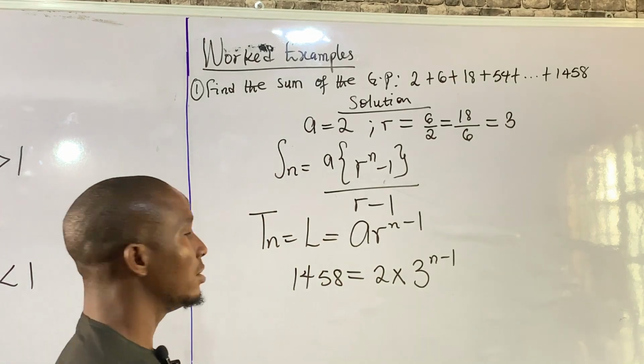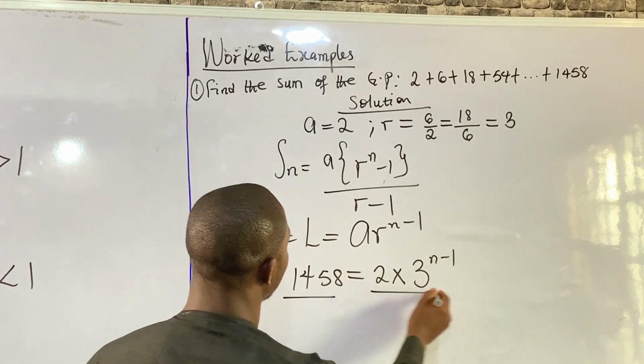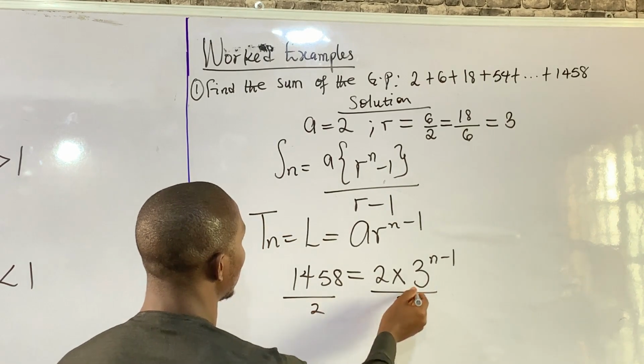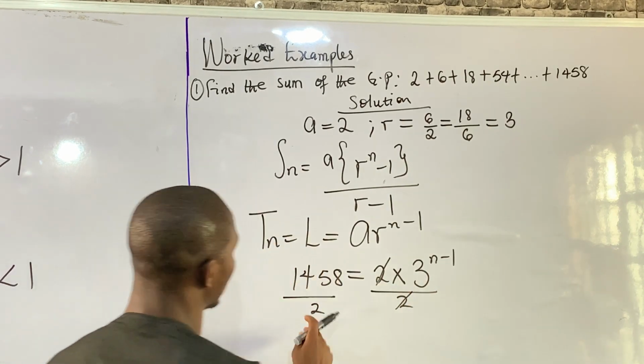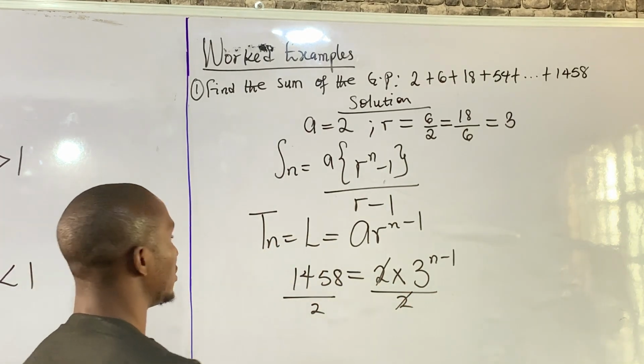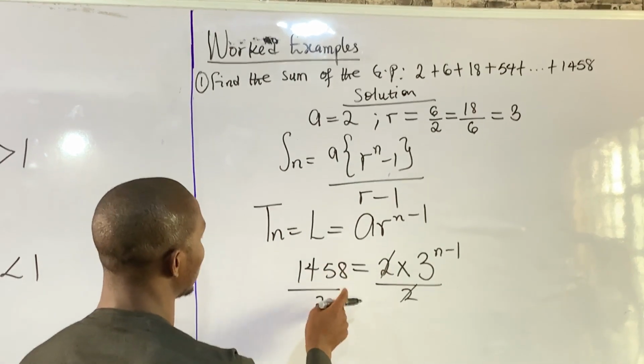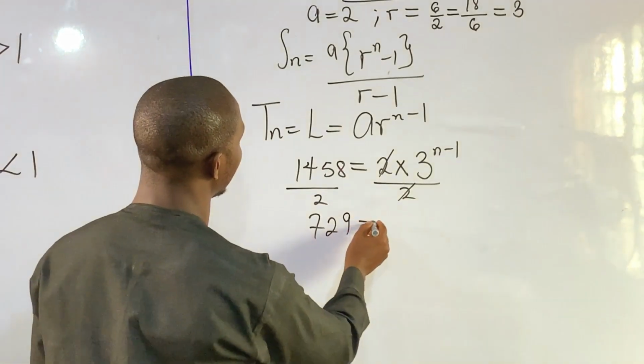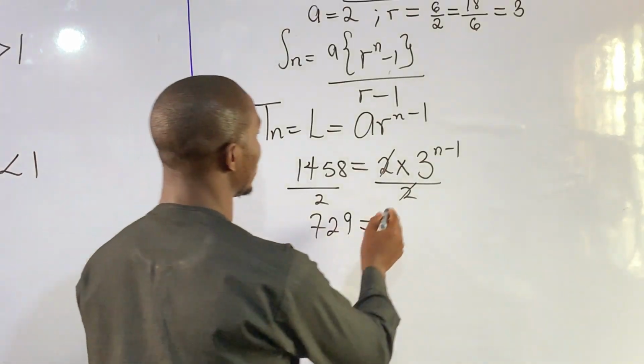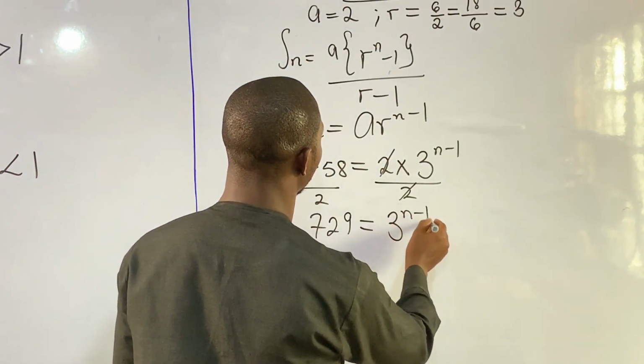Firstly, let's divide both sides by 2. 2 in 14 is 7, 2 in 5 is 2, that's 4, and 2 in 9 is 9, giving 729.